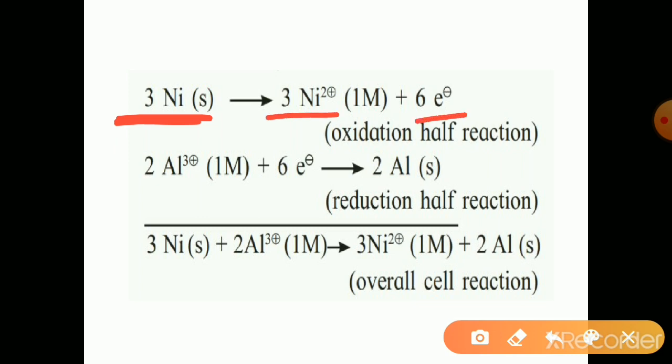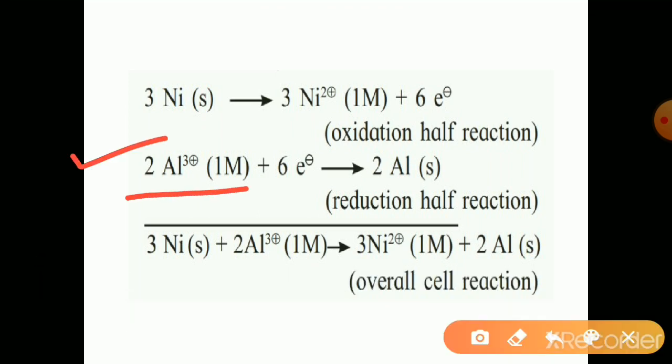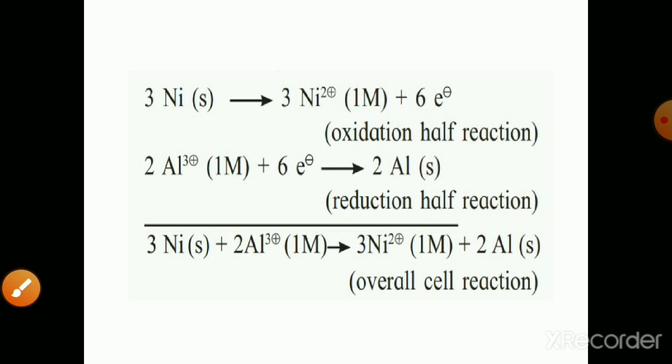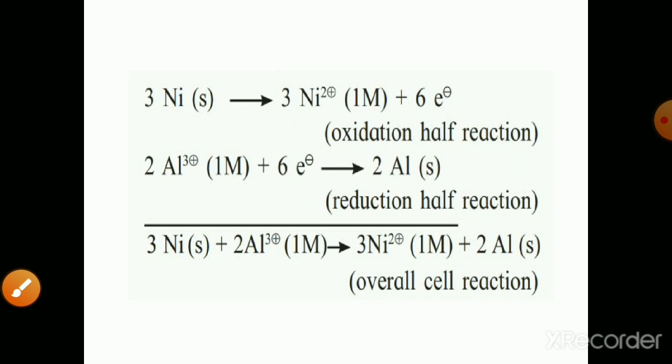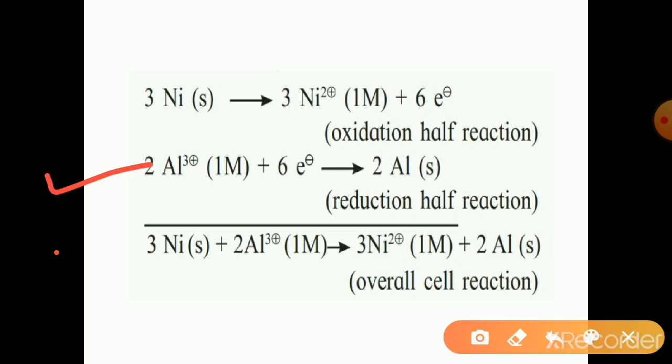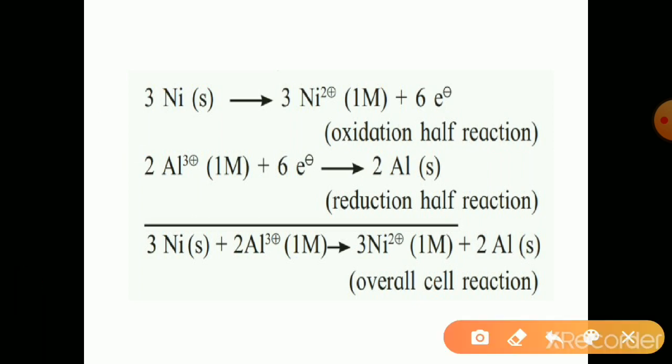3 into 2, 6. Here 2 aluminum ions, as it is multiplied by 2, in order to make the electrons lost and gained equal. So 6 electrons and 2 aluminum. Now these two are added, which results in the overall cell reaction, but care should be taken that the electrons lost must be equal to the electrons gained.